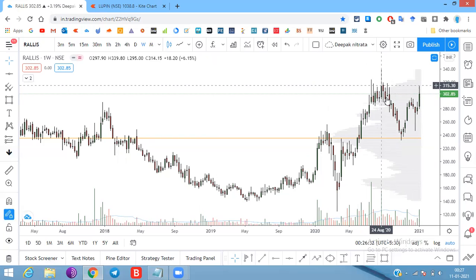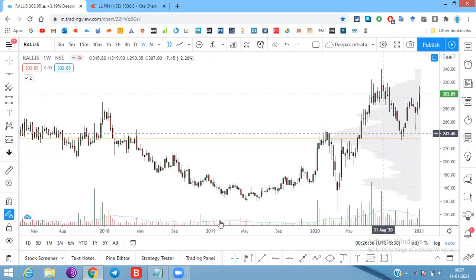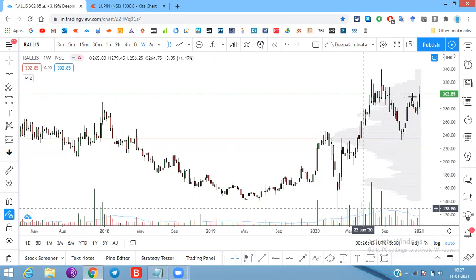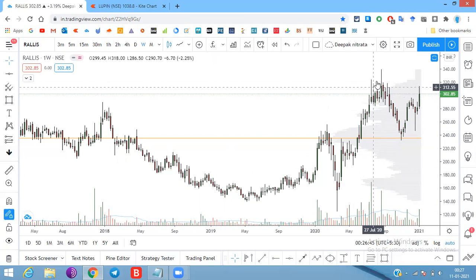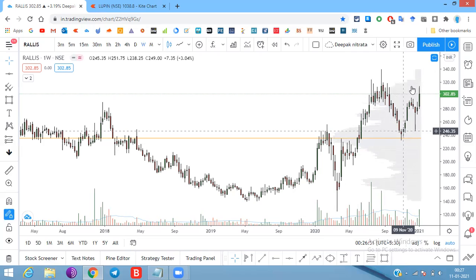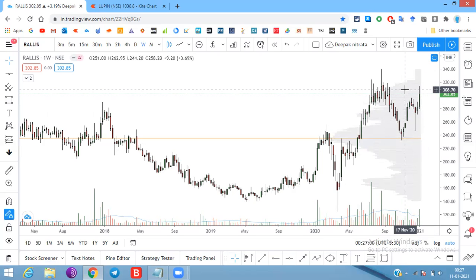It took a good pullback with relatively low volumes, not that low because here volumes were dry, but this was also a consolidating phase. When the price took a pullback here, it took support from this point of control region. And right now we can see that it's inside a high volume node region only. So let's see what happens for Rallis India.